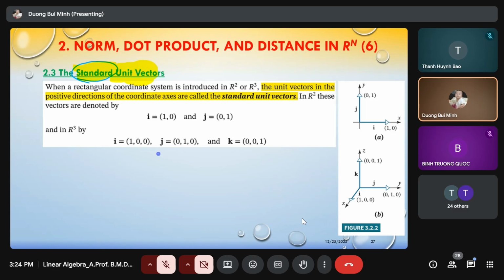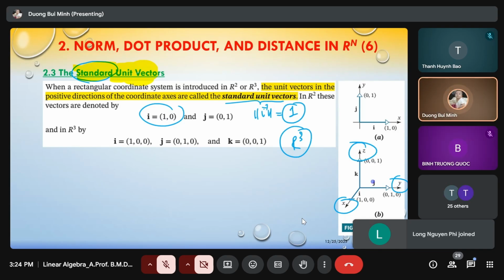Of course, the length, the norm, of a standard unit vector should be 1. And for the elements, only one element is 1, the other will be 0. For example, here we have R3, three dimensions, x, y, z.